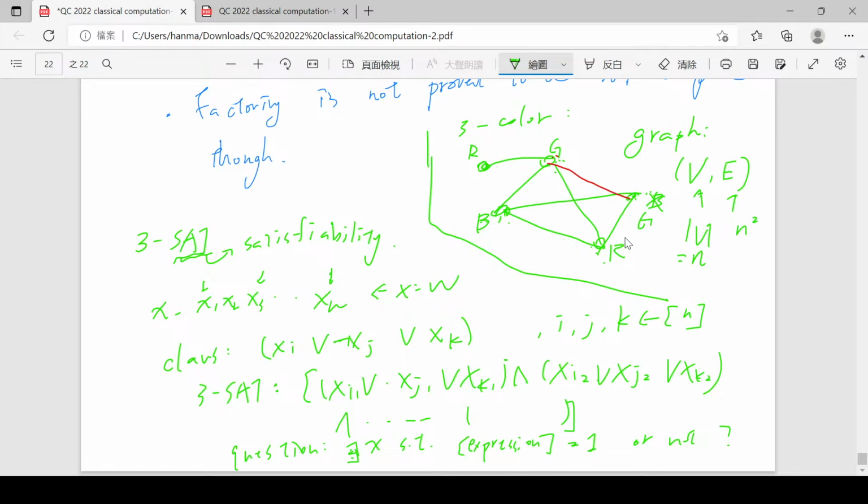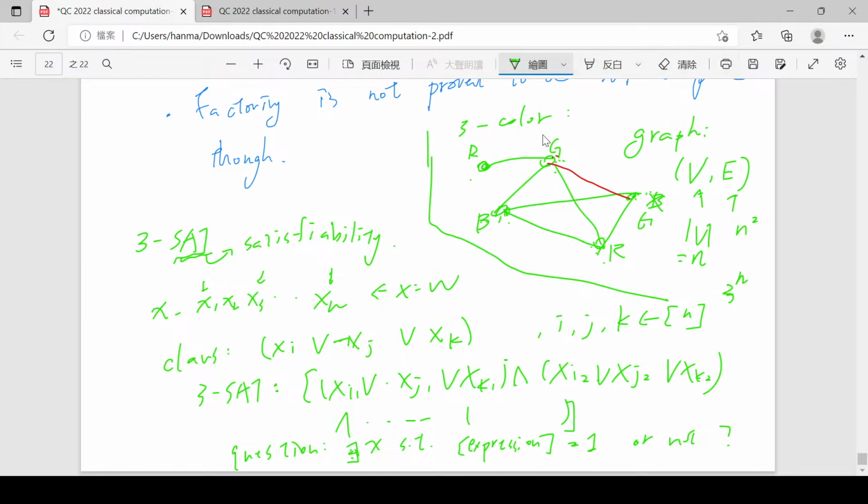So at most you can check in n squared time that the assignment is correct. You just check every edge and see whether the colors are different. But if you want to brute force search through all possible colorings, then that takes 3 to the n time, because that's the maximum number of colorings.